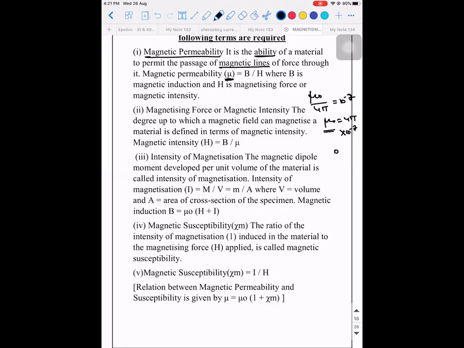So mu is equal to B divided by H, where B is called the magnetic induction, and H is defined as the magnetizing force or magnetic intensity.